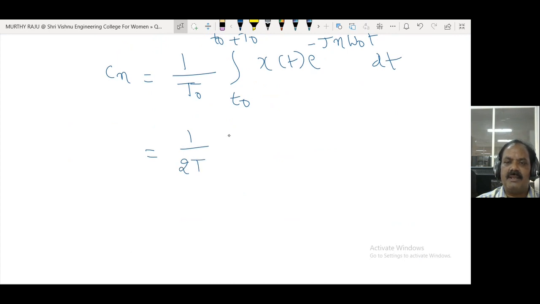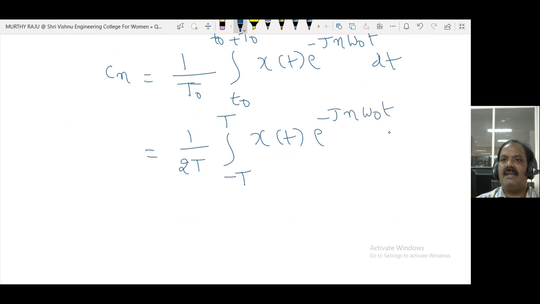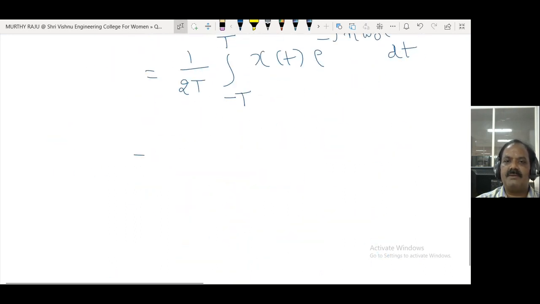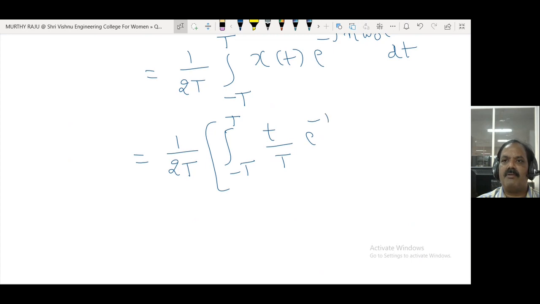So 1 by 2T, integral from minus T to T of x of t e power minus j n omega naught t. The x of t in the interval is t by T. That is equal to 1 by 2T, integral from minus T to plus T of x of t, which is small t by capital T, times e power minus j n omega naught t.